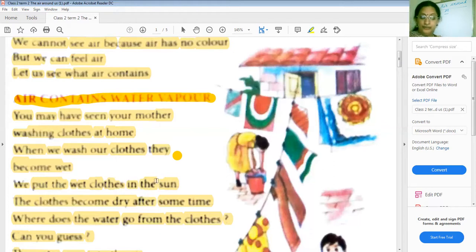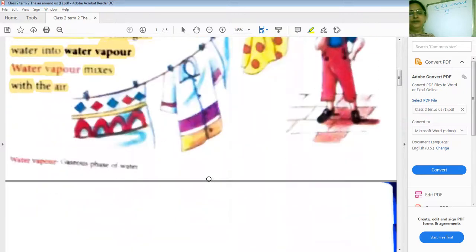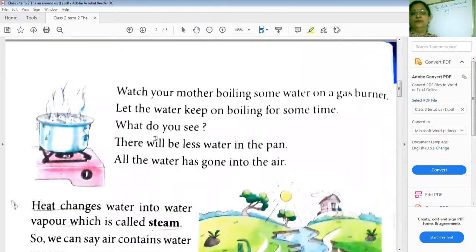Watch your mother boiling some water on the gas burner. Let the water keep on boiling for some time. So what do you see? There will be less water in the pan. So all the water has gone into the air.